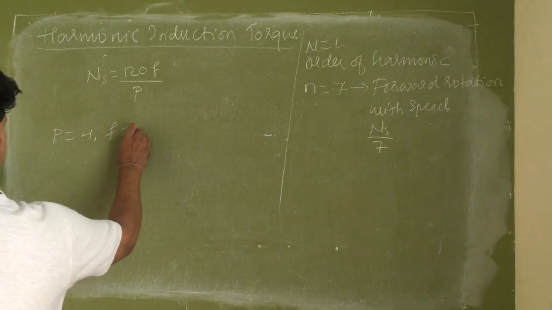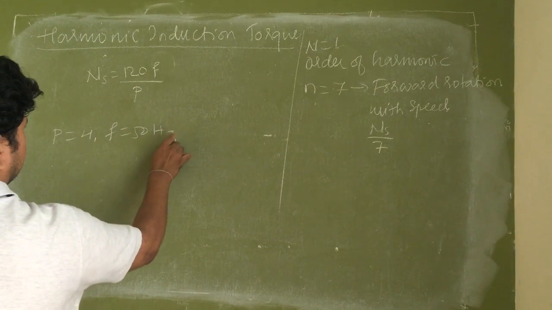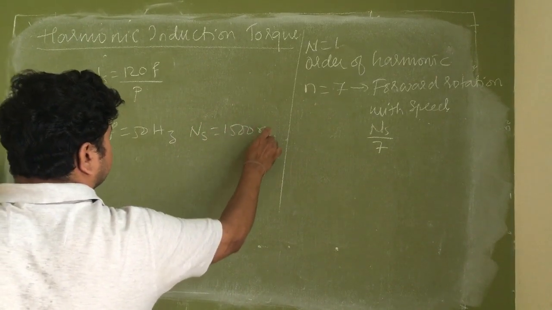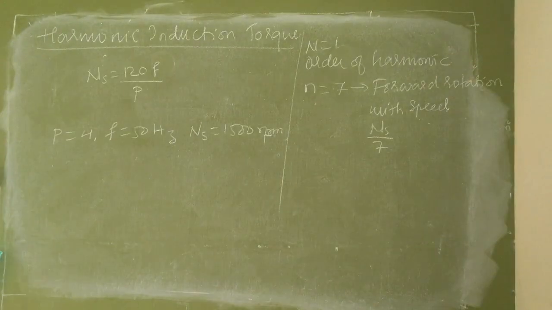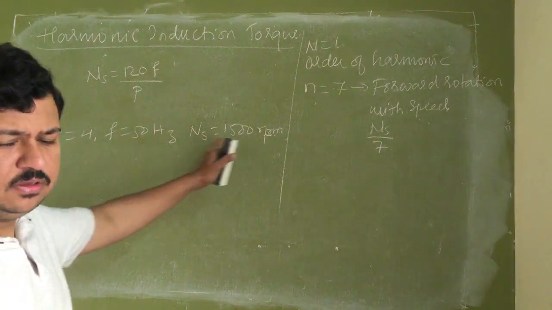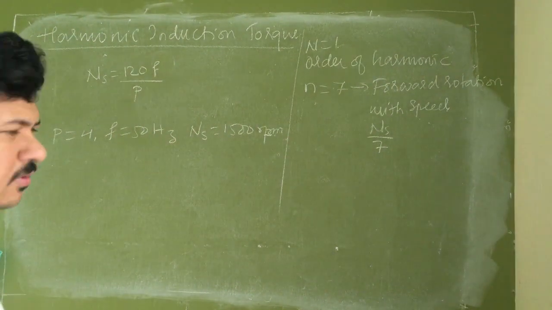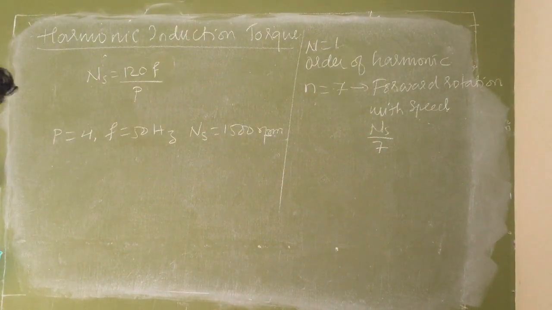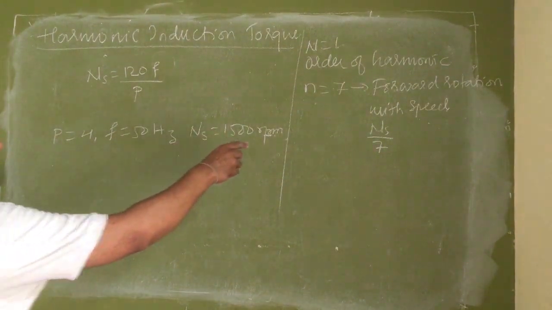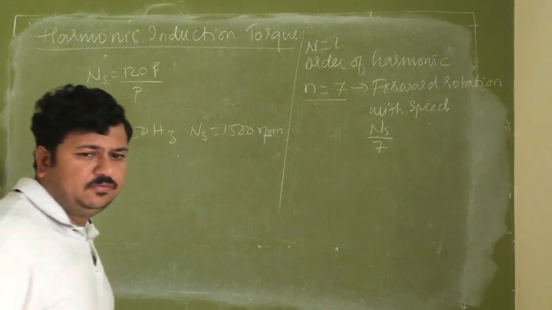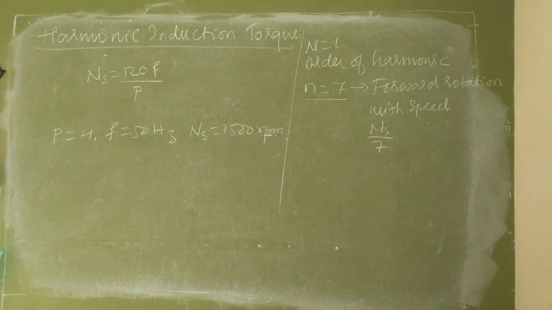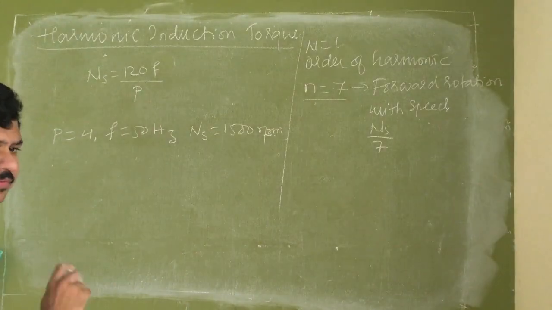Now if p is equal to 4 and f is equal to 50 Hertz, ns will be 1500 rpm. Okay, ns equals 120 f upon p. A harmonic of order 7 means the frequency is 7 times the fundamental frequency.